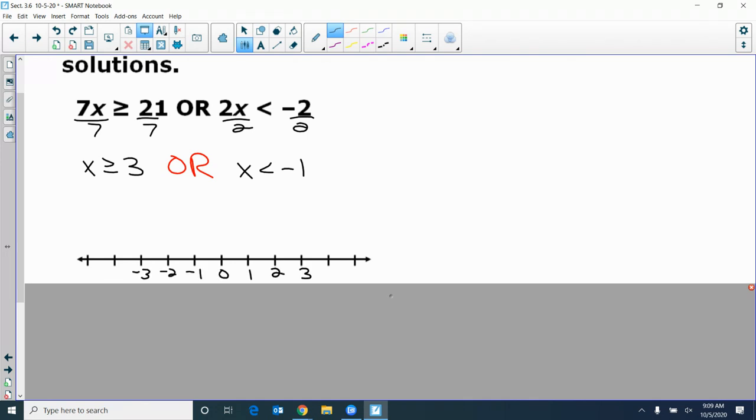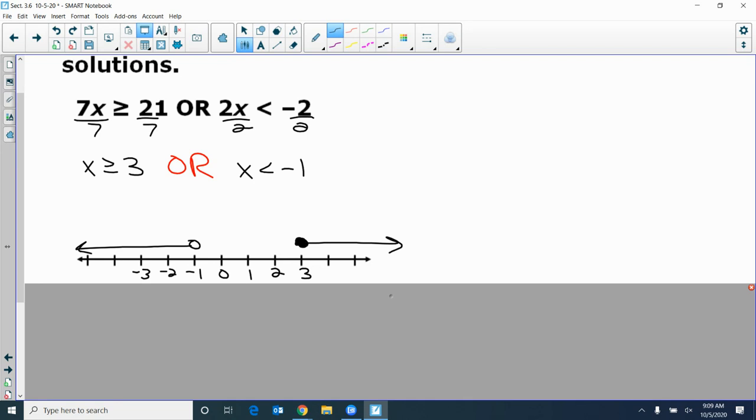That's enough to get both of those. All right, x is greater than or equal to 3, solid dot at 3, to the right. Less than -1, hollow dot to the left. So I got them going in two different directions, two different directions for the word or in this case.